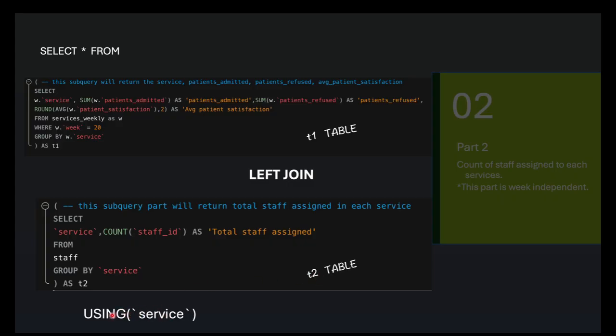Here I am using USING, not ON, because whenever a column name is the same in the two tables we are going to join, we can directly use USING instead of ON, and that will give you the same column only once in the output. If you use ON, it will come twice, and we have to either select one or rename it as per our requirement, but USING is very easy here.